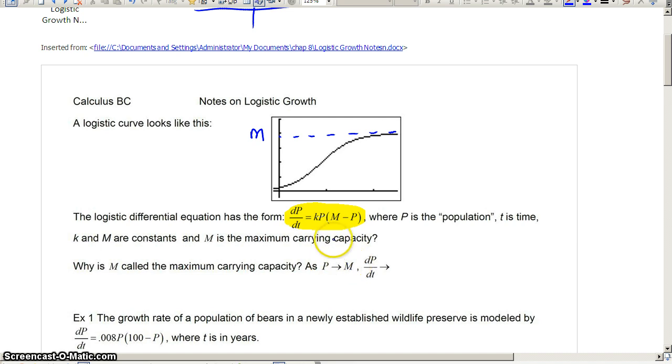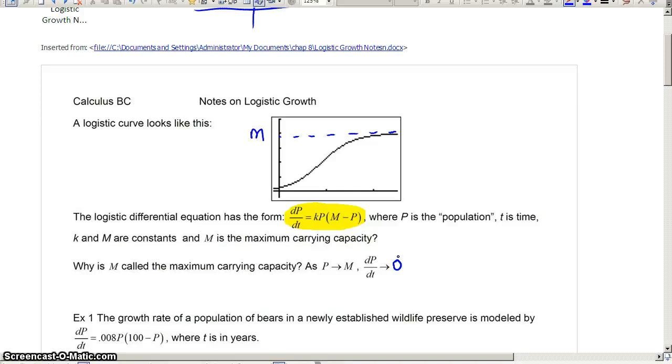Imagine that P approached M. M minus P would approach 0, so the right side of the differential equation would approach 0. And that's where we would expect not to see a change in the population with respect to time. We'd expect to see a leveling off, and that corresponds to the graph there.